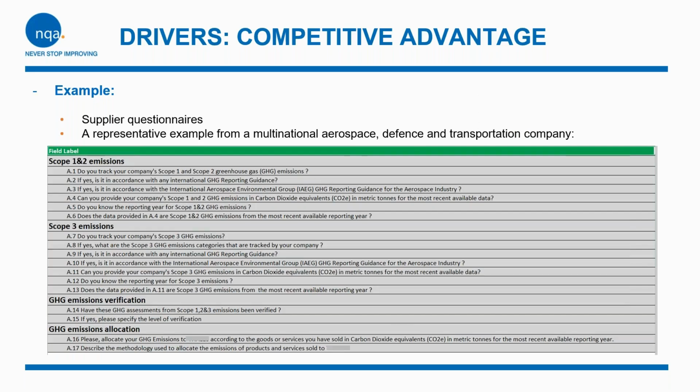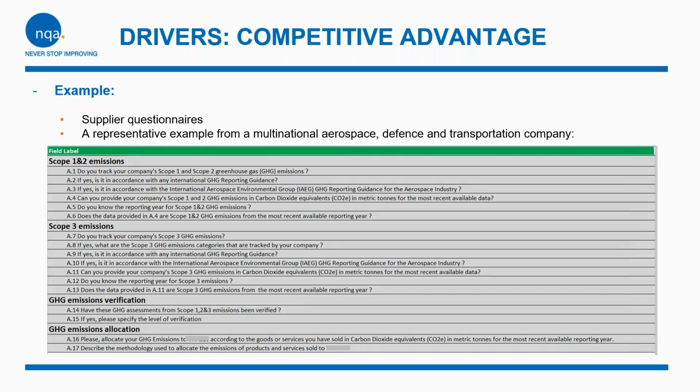We also see supplier questionnaires coming from other sources as well, so not necessarily looking for you to achieve particular standards, but all looking for you to quantify your carbon. So this is just an example that I picked up. This is from a multinational aerospace, defence and transportation company. And they've sent this out to all their tier 1 and tier 2 suppliers, I think it is, and the customer in this case is expecting a response to these questions. So they're expecting scope 1, 2 and 3 emissions to be quantified.